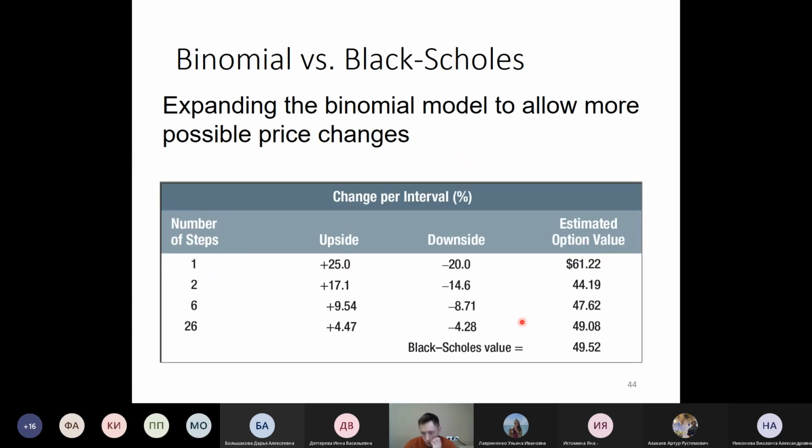And this idea, so making infinite number of infinitely small steps in a binomial pricing model, this is something we can do using special tools suggested by Black and Scholes, and that is why this formula is called the Black-Scholes pricing model.